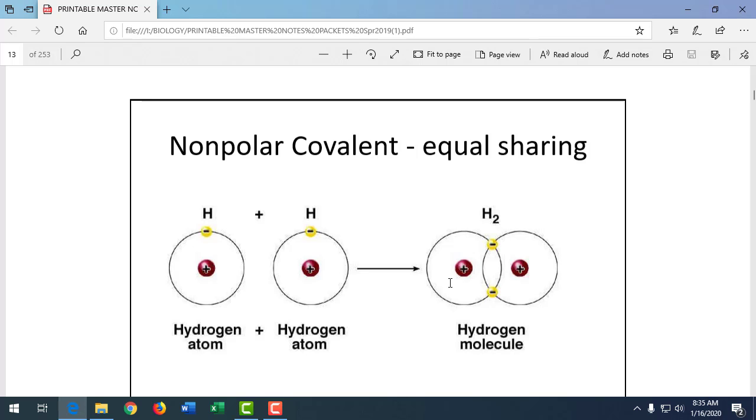So here's 2 hydrogen atoms. When they're in the environment together, hydrogen atoms will find each other because there's an attraction because of those outer energy levels not being full. They are attracted to each other. They hover over one another. So the valence shells are kind of migrating among the two energy levels of the two different atoms.